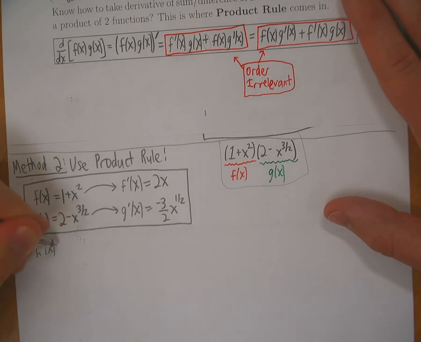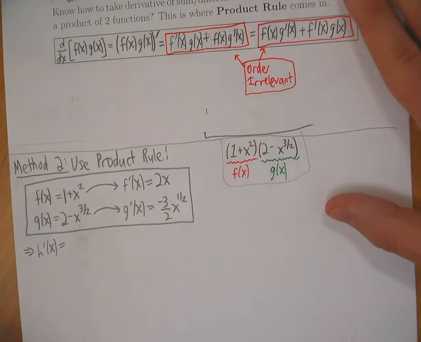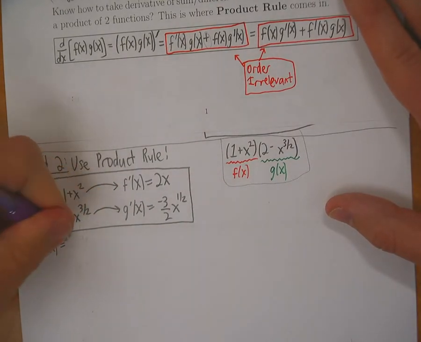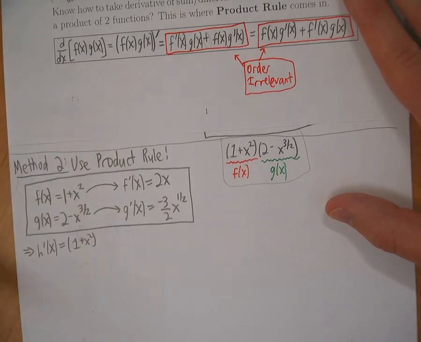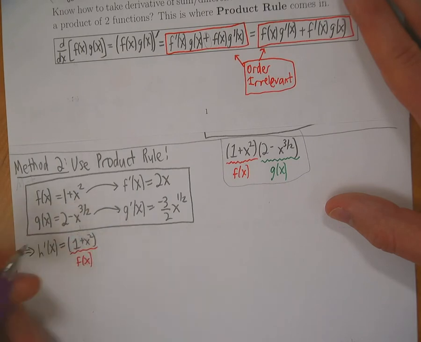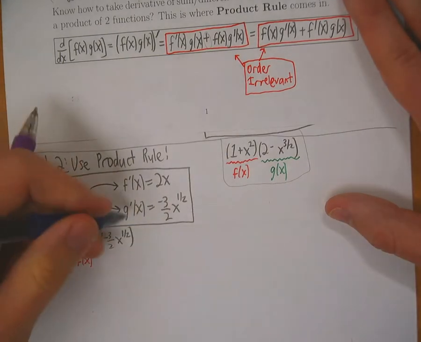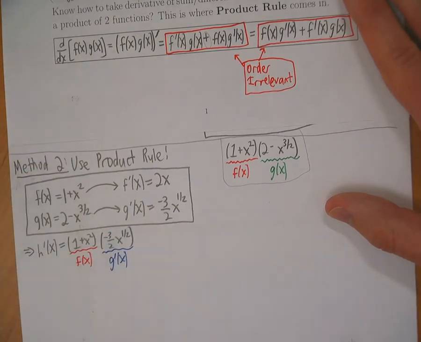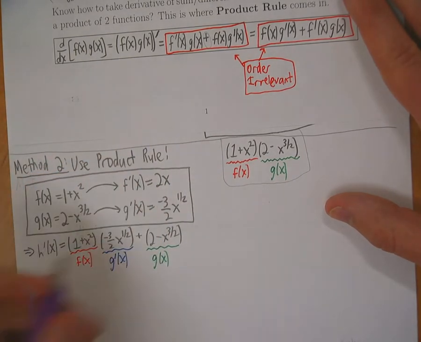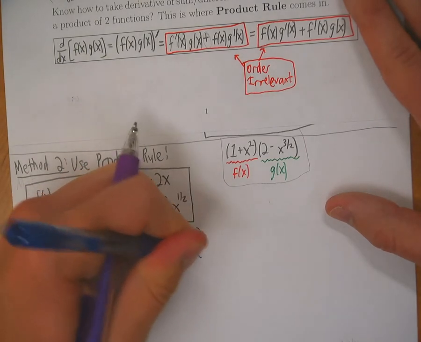So we have h prime of x equals 1 plus x squared, because this part is just f of x, then times g prime of x, which is negative 3 halves x to the 1 half, so that's g prime, and then plus g, which is 2 minus x to the 3 halves, so g of x, times f prime, so 2x. So f prime of x. Okay.